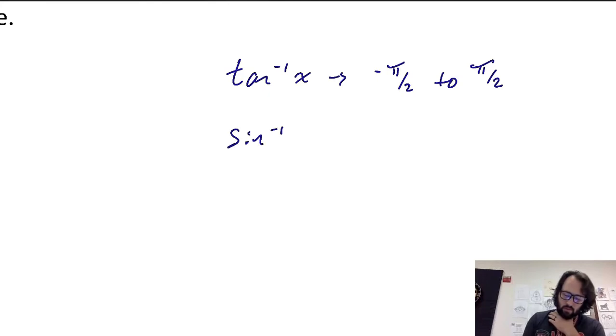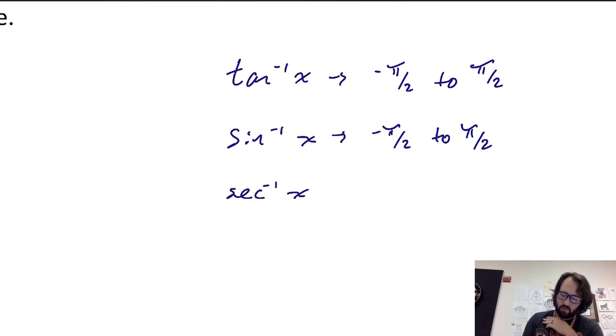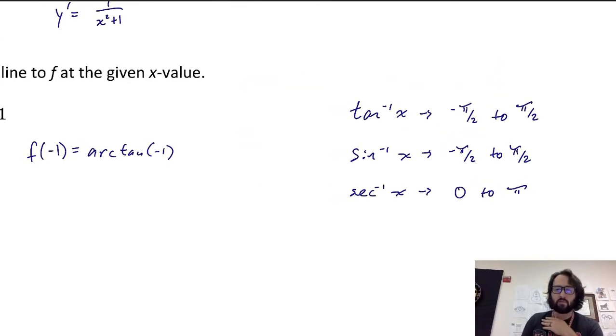Sine inverse, the range is also negative pi over 2 to pi over 2. And cosine inverse, but really in this case we want secant inverse, would be 0 to pi. Those are the places that I have angles for my inverse trig functions.